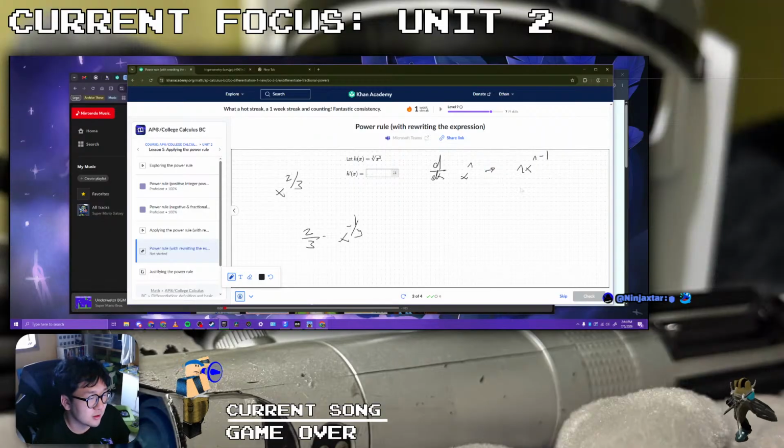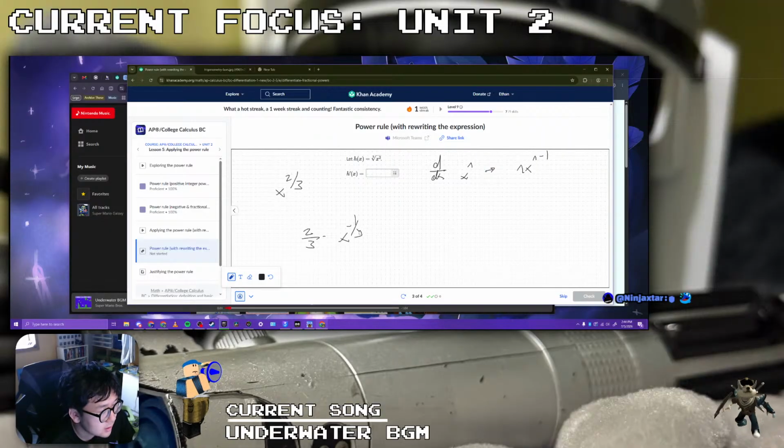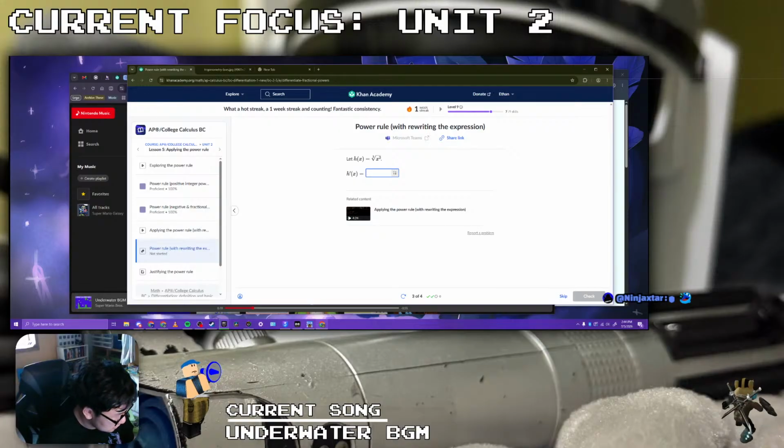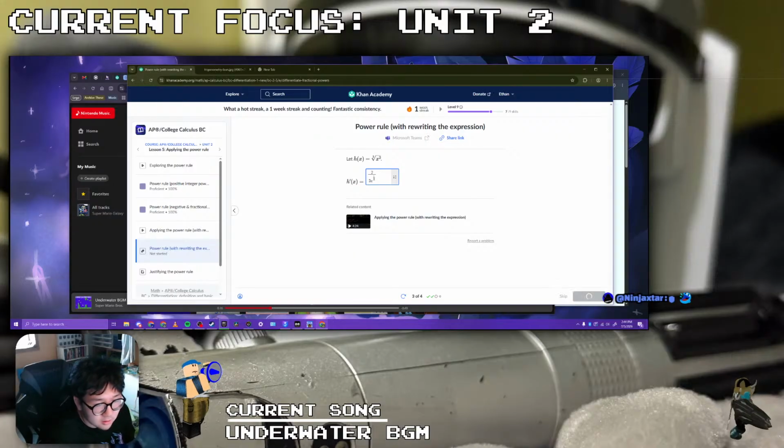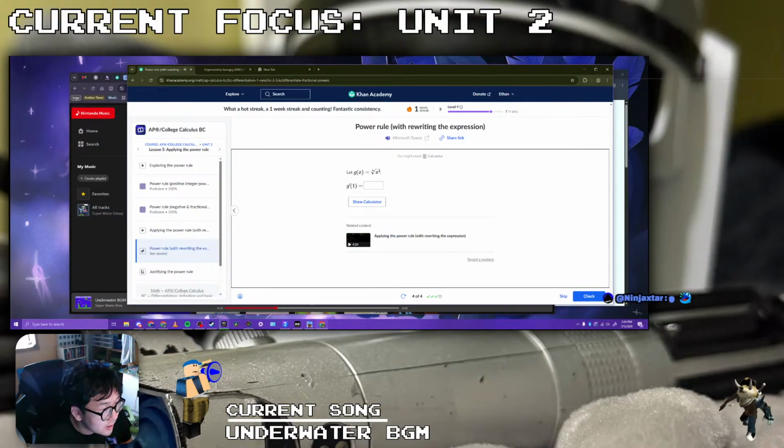That's basically the power rule. This is a little unreadable, so it's just going to be 2/3 and the cube root of x. That's just what it is. So 2 over 3x raised to the 1/3. I'm just going to write it like this because I don't feel like clicking that tab.